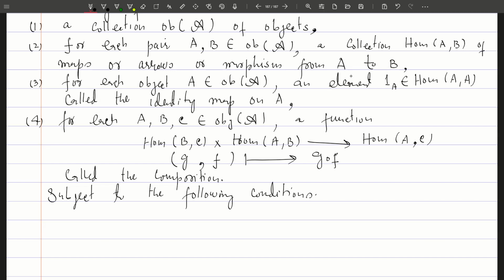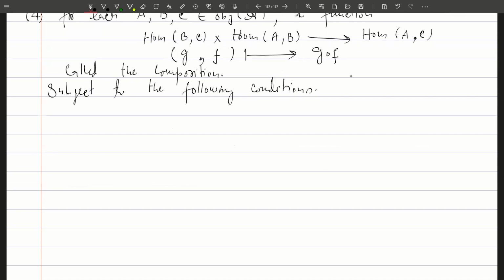So the condition A is the associativity.